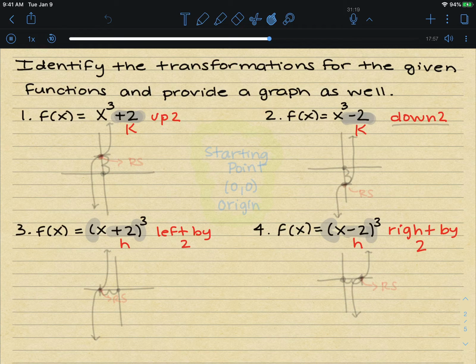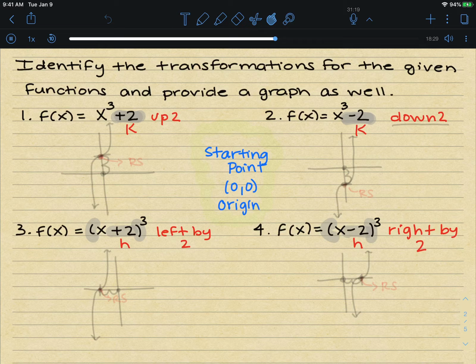Now, just a little heads up. Whenever you're graphing these types of functions, the starting point is going to be at 0, 0, which is the origin.